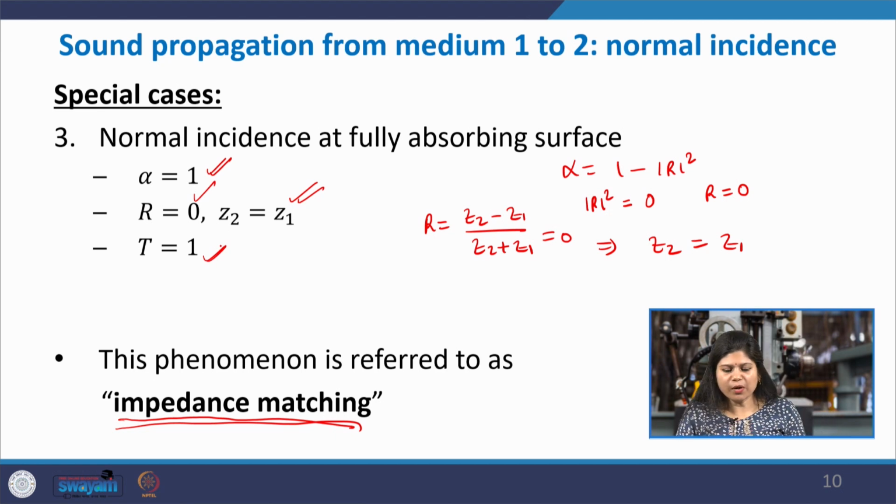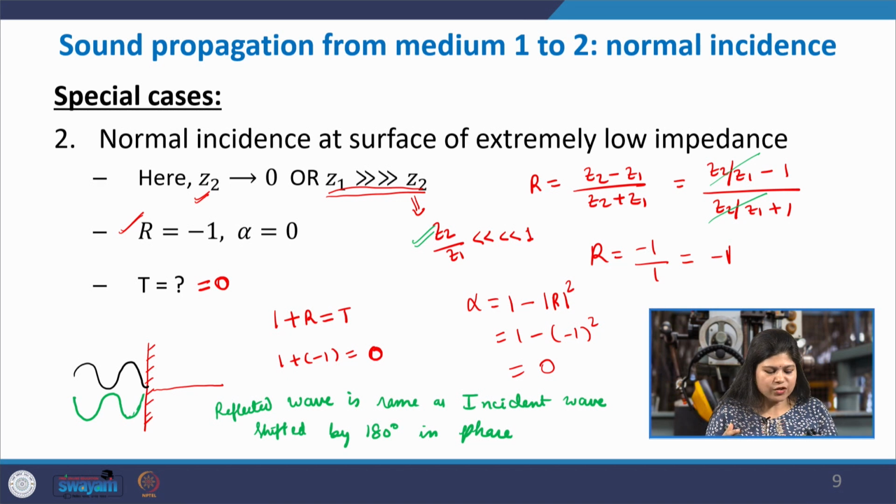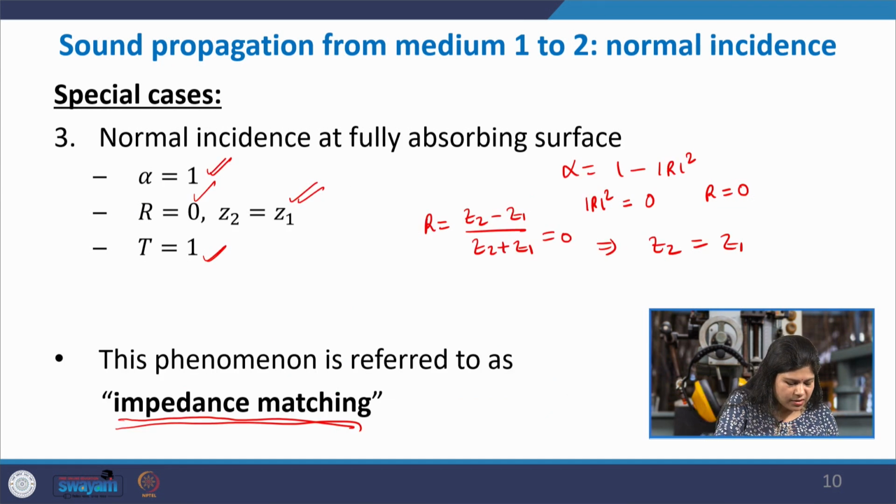So, essentially, if we again represent what actually happens at the boundary like we did in the very first case and the second case, let us say this is our boundary, and let us represent each thing with a different color. We have an incident wave that is coming in at a certain amplitude.